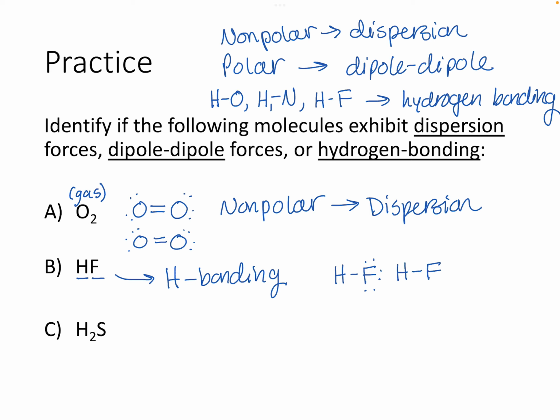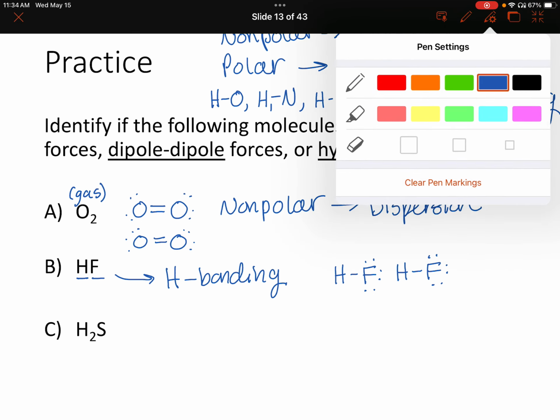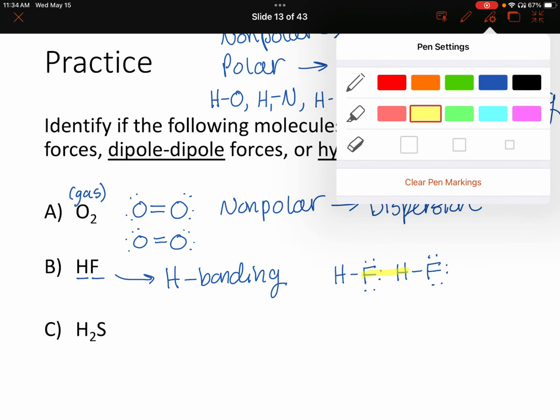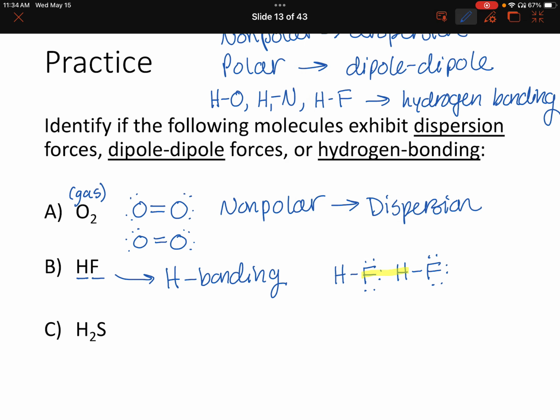So if we look at two HF molecules, the hydrogen on one of those molecules will be attracted to the fluorine on the other molecule. And that will be a particularly strong interaction compared to dipole-dipole interactions.